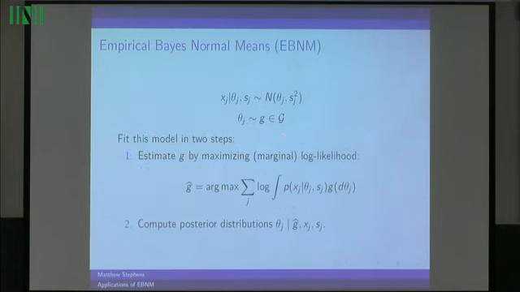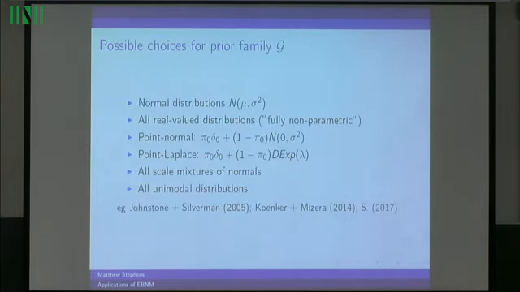I'm going to assume that G comes from some family of distributions, curly G, and there are various different assumptions you might make. In an introductory class, or even in some applications, you might assume that the thetas come from some normal distribution, or you might go at the other extreme and go entirely non-parametric and say this family is just all real-valued distributions, or there are things that are somewhere in between.